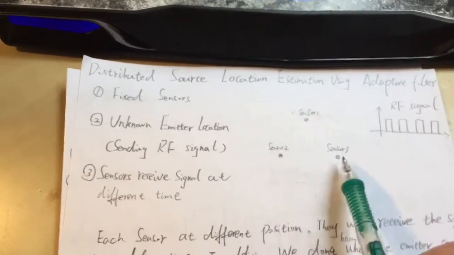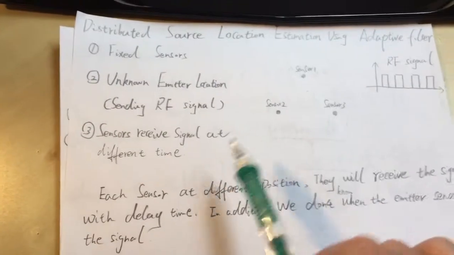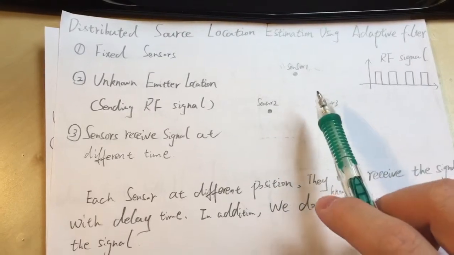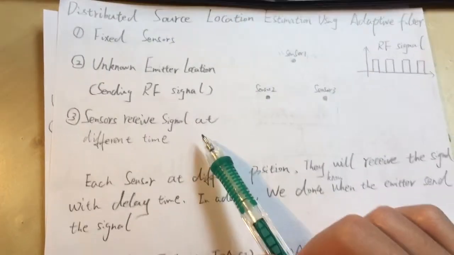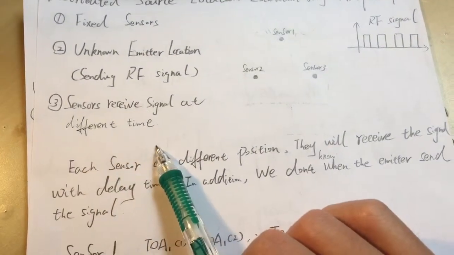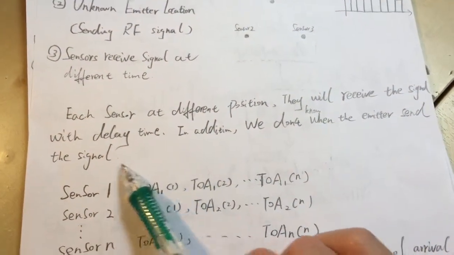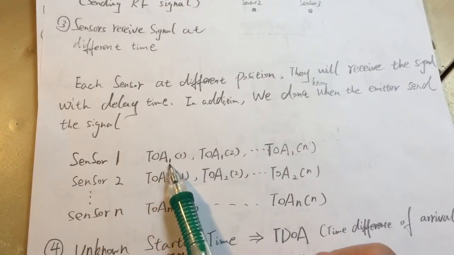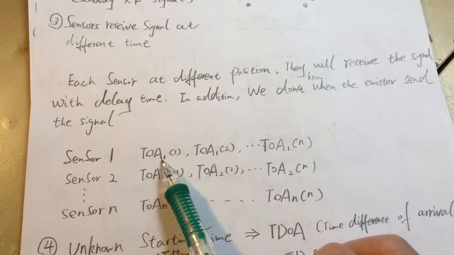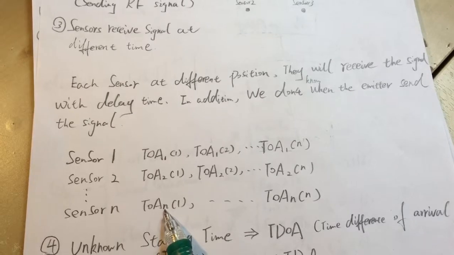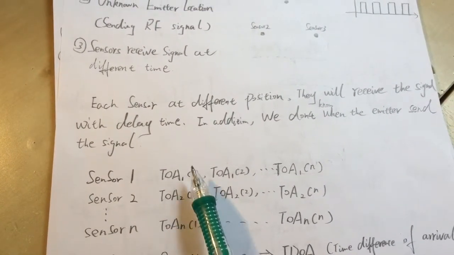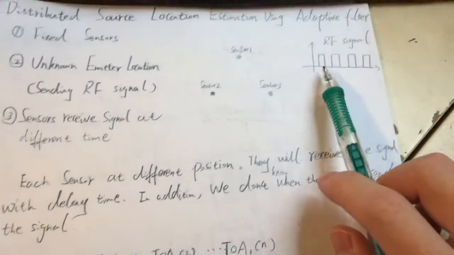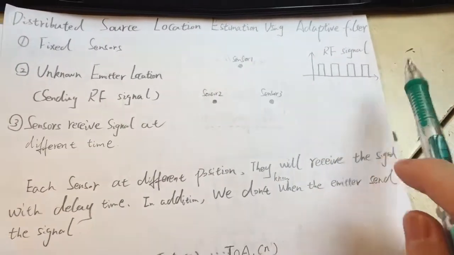We know the sensors' locations, and because the distances are different, the sensors will receive the signal at different times. So there will be a delay time. We will get the time of arrival (TOA) for each sensor, time of arrival 1 to n sensors, and each sensor will receive the first signal, the second, and so on to the end of the signal.